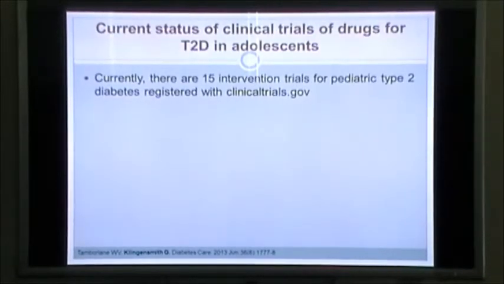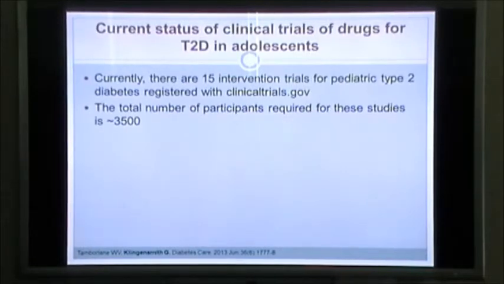So, a little side rant here. Clinical trials for drugs of type 2 diabetes in adolescents. Currently, there are 15 intervention trials for pediatric type 2 diabetes registered with clinicaltrials.gov. Actually just got contacted yesterday about another one, so that makes 16.